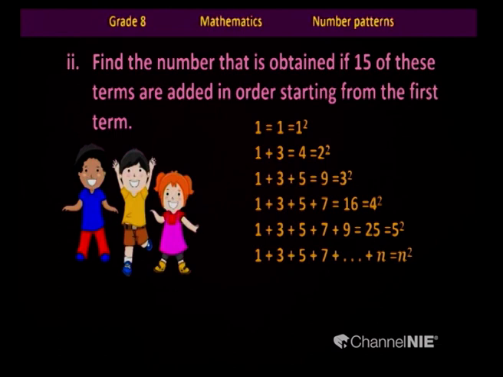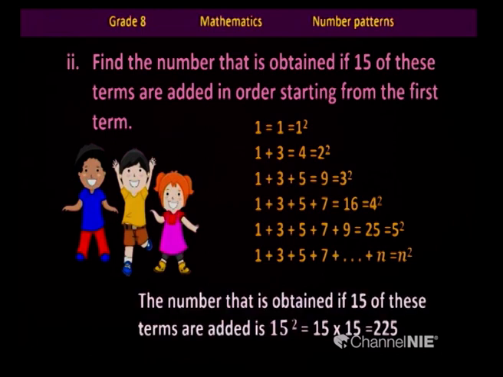Now, they are asking about the sum of the 15 terms. Right. Now, we have previously observed that the answer of these additions is equal to the square number pattern. Therefore, they are asking about the 15th term of the square number pattern. Therefore, we can easily get the answer for this question by finding the 15th term.